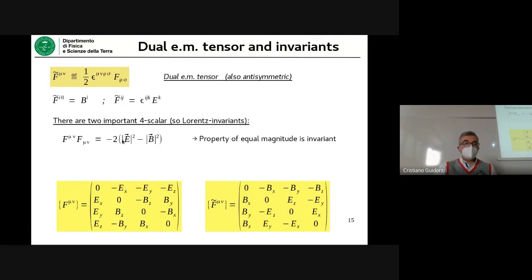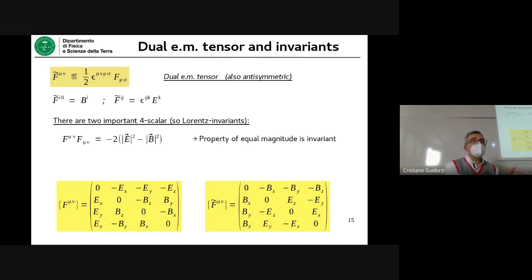Why? Because this scalar is Lorentz invariant. So it means that if there is a reference frame in which the two fields have the same magnitude, that holds true for any other inertial reference frame, because this quantity is Lorentz invariant. We already saw a special case in which both electric and magnetic fields have the same magnitude, which is a plane wave, if you remember.